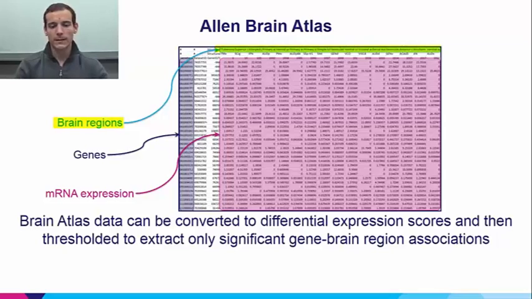Columns correspond in this case to particular brain regions, and the rows again are genes, and the values of the matrix are the expression level of the gene in these different regions of the brain. So we can convert these absolute values of gene expression to relative values and get these differential expression scores, and then threshold our matrix to extract just the significant gene brain region associations.